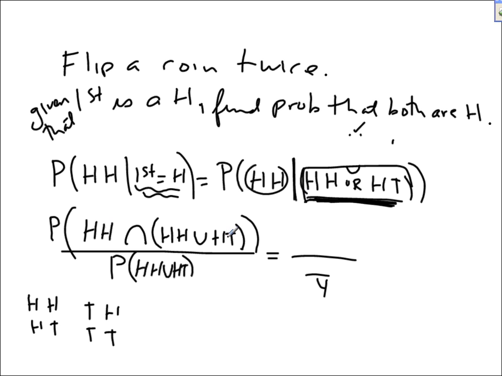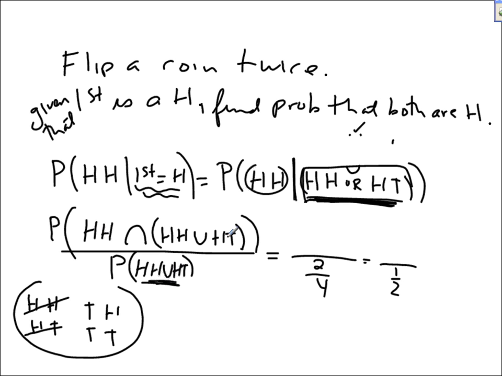Out of these four outcomes, only this one or that one is HH or HT. So half the time the bottom will occur. Now what about the top?